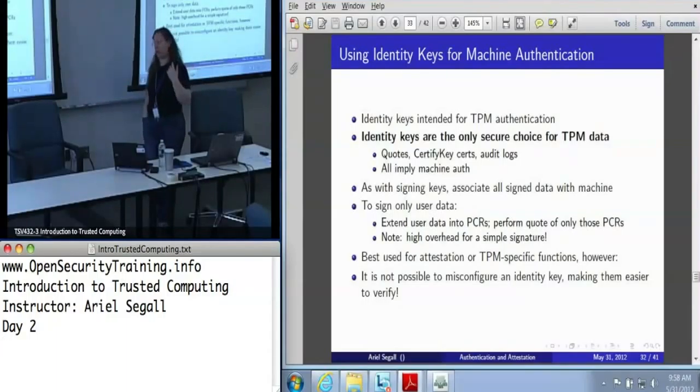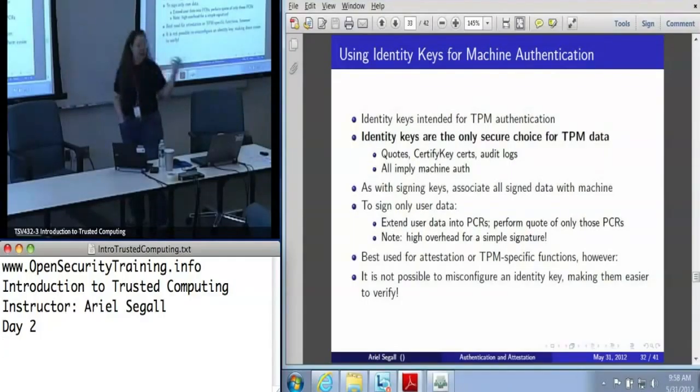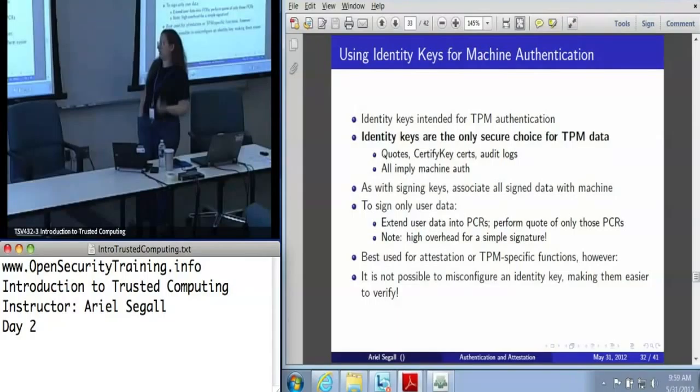The TPM has audit logs of various operations, tick counters, any kind of thing signed by the TPM about the TPM's internal state, always use an identity key. But conveniently, these all also imply machine authentication. So when you get a tick stamp signature from the TPM, that tells you which machine the tick counter came from.